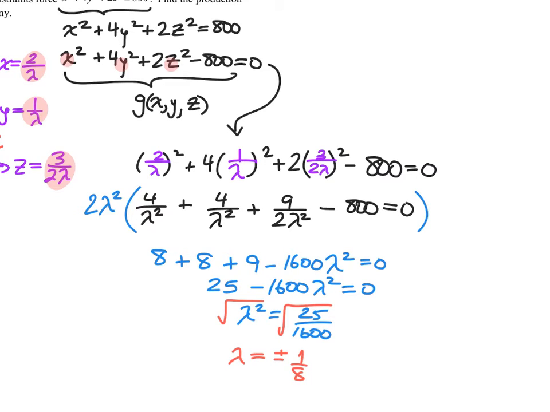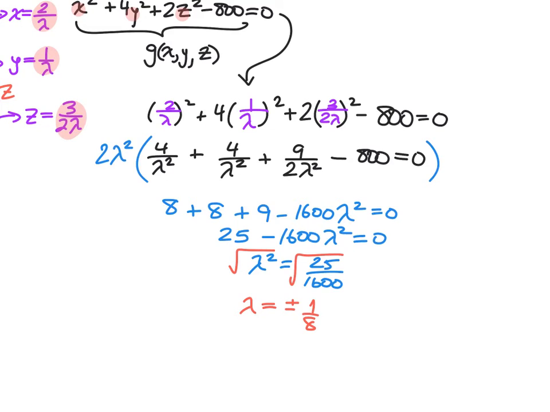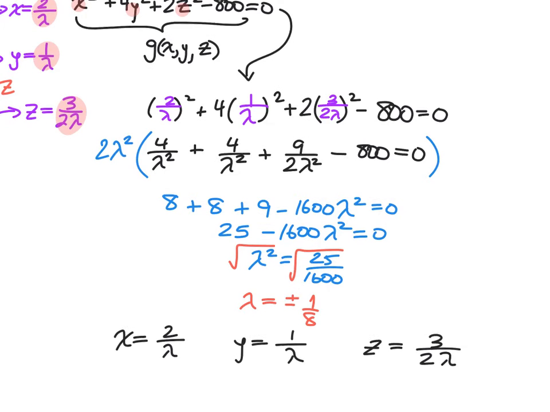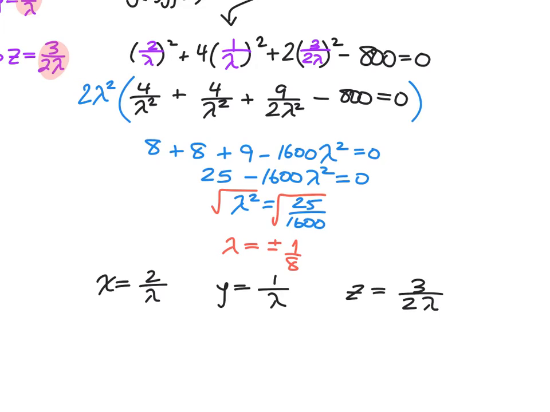So now I can figure out what the x values, y values, and z values are going to be that correspond with this lambda. Again, x is equal to 2 over lambda, y is equal to 1 over lambda, and z is equal to 3 over 2 lambda. I'm going to do it one at a time.